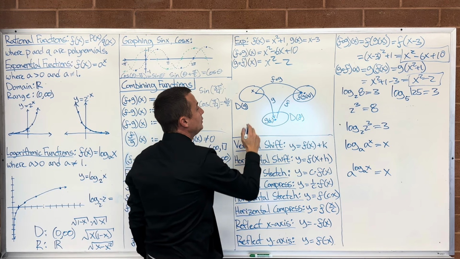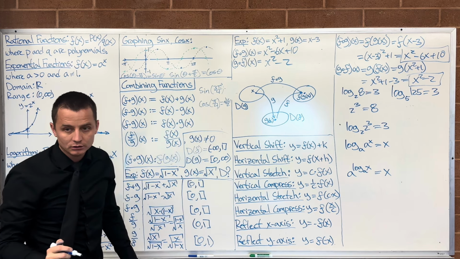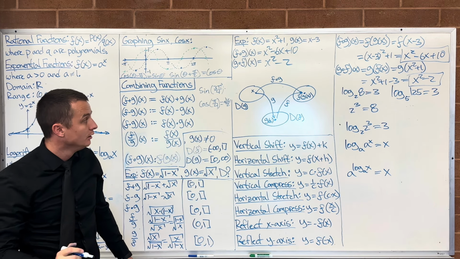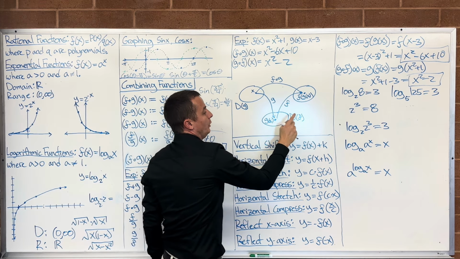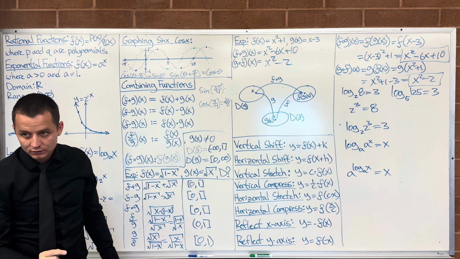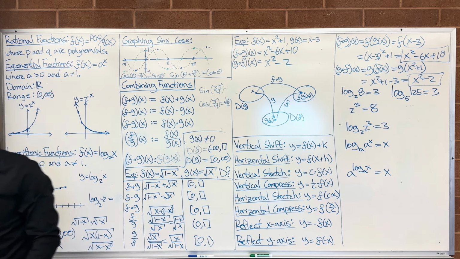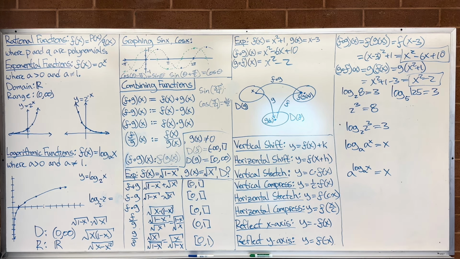Our inputs that we start out with are the domain of g. And the outputs of g, we then have to intersect with the domain of f, and only those can be fed through f. So this one happened to be a case where we didn't have any domain problems.